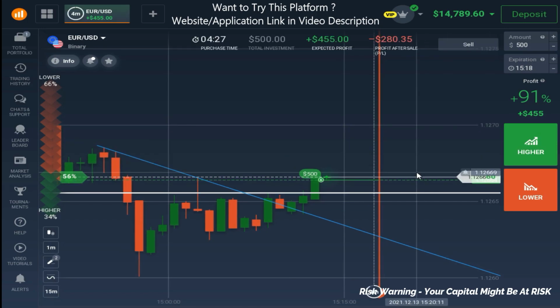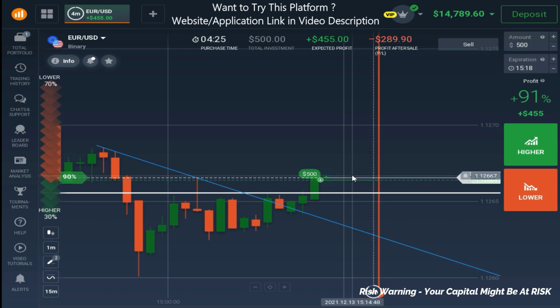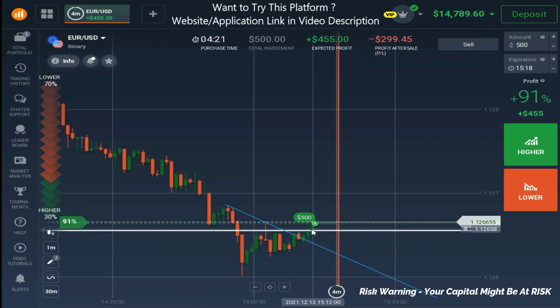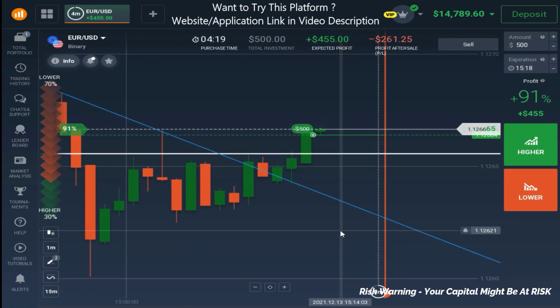So we have placed our first trade and we got a clear breakout. Now let's wait for the result, and after the result I'm going to explain to you why I took this trade. So let's wait.